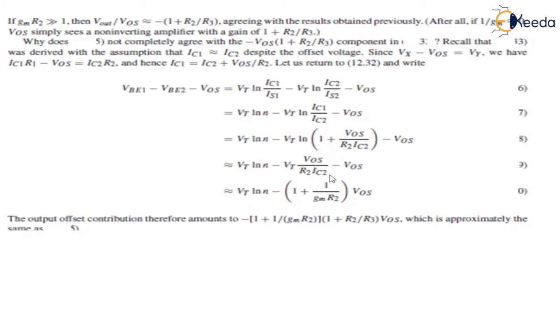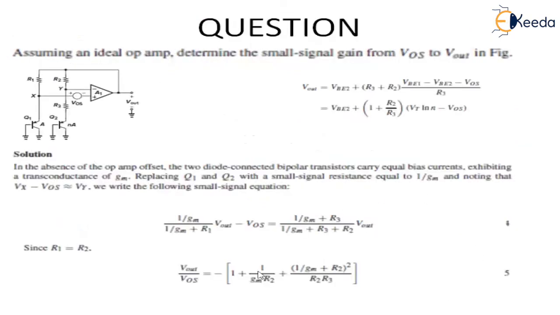Further solving this equation and taking VOS common, we can write VT ln N minus 1 plus 1 upon GmR2 times VOS. So this is the result we obtained previously. The output offset contribution amounts to minus of 1 plus 1 upon GmR2, times 1 plus R2 by R3, times VOS, which is approximately the same as we obtained previously for Vout by VOS.